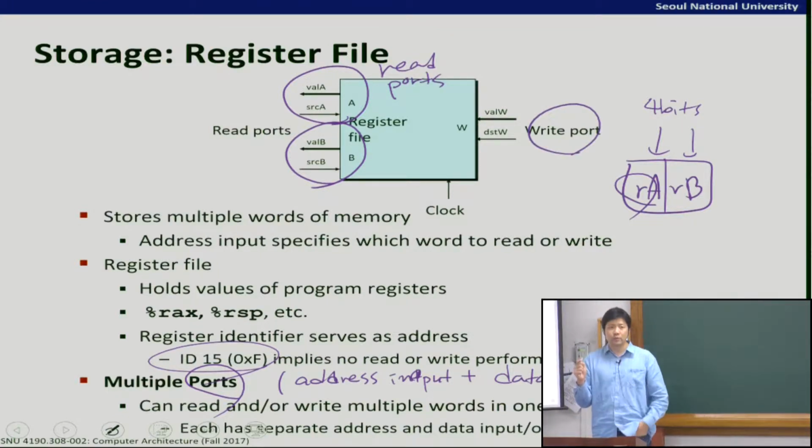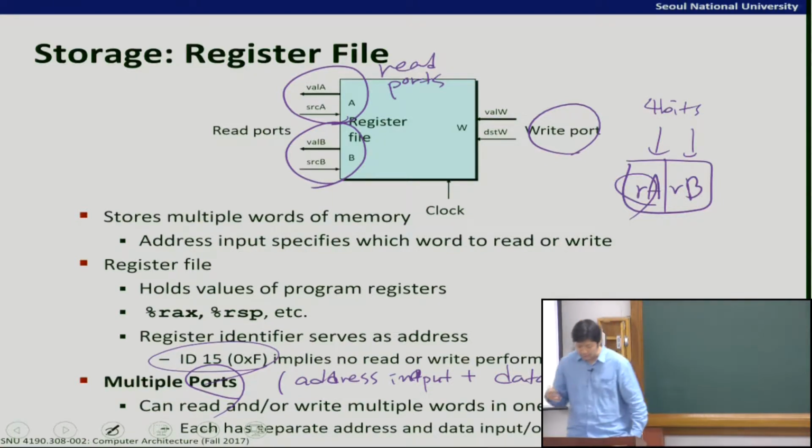Read ports take a register address, a register number, as input, and then generate the value as output. The output will be the register value. In the case of a write port, it takes both the register address and value as input, and then it overwrites the value of the register with the new incoming value.